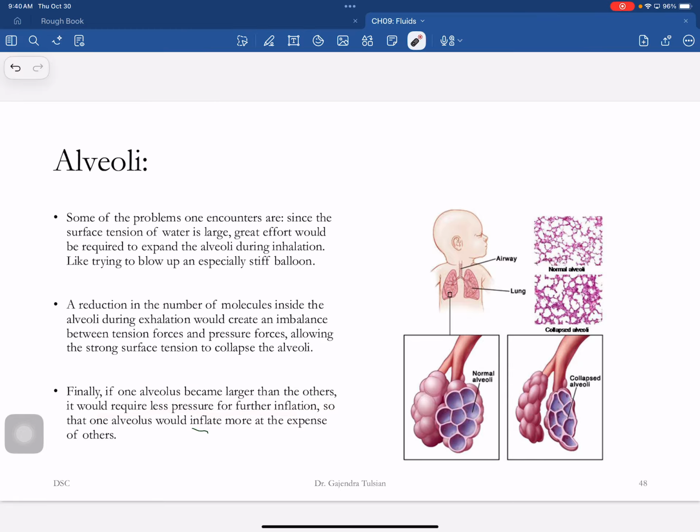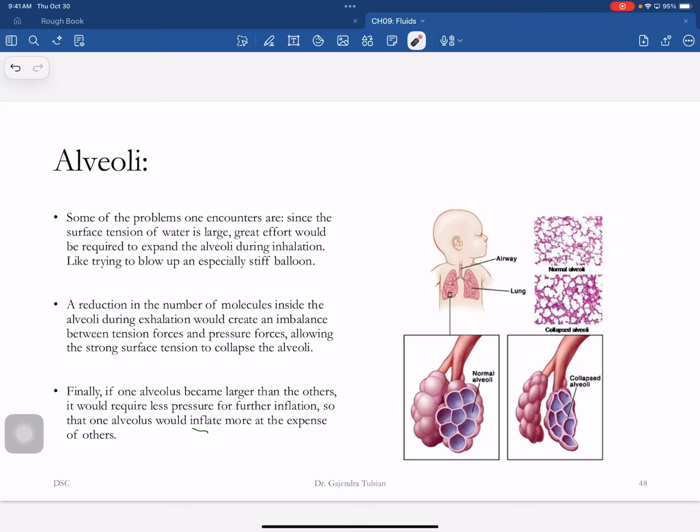It turns out that if the stiffness didn't change, if your body didn't have this mechanism, and one alveolus was bigger than the other, then as you blow air, it would just blow up more and burst. If you didn't make the stiffness change, you would have to make sure that every alveolus was the same size. You have 500 million of those.